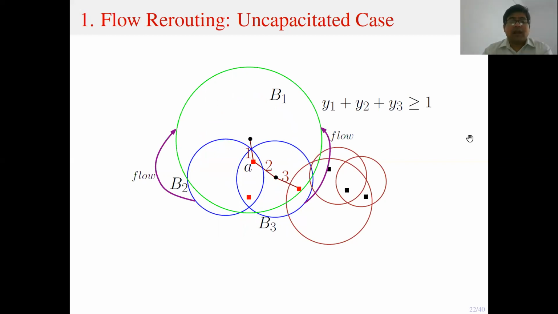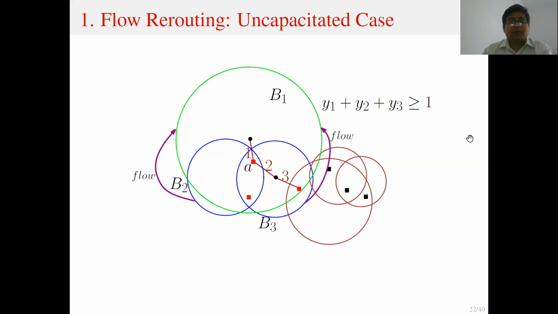As B1 is the largest ball, all these red points are at most 3 hops away from the center of the ball B1. And I can reassign these points to the ball B1, or reroute the flow of these balls to the ball B1, which is selected in my solution.